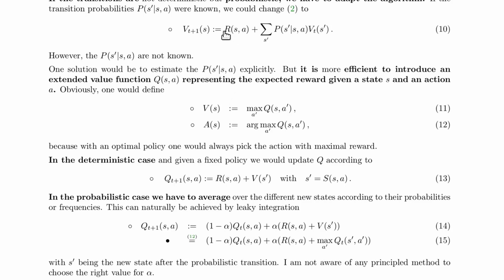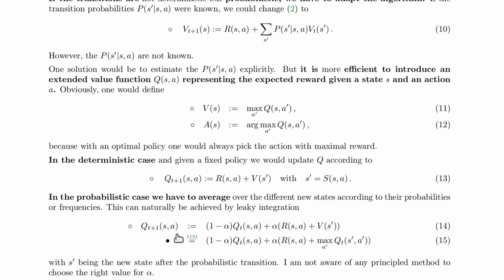If we had the probabilities up there, we could actually do a similar trick like here, but we don't have that. So what we simply do is we use a so-called leaky integrator.